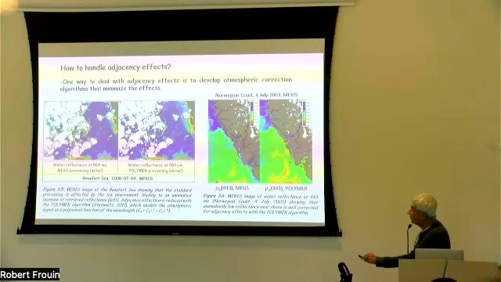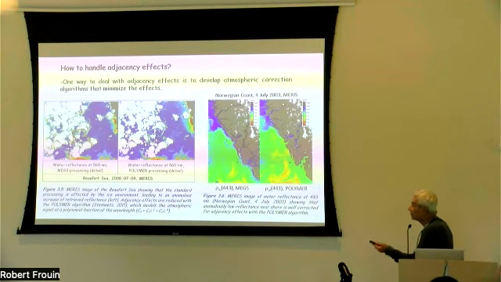And this is an example. If you remember, this was the example I showed you before with the standard algorithm. And this is what you obtain with the polynomial algorithm. So you can see that all around the ice, the reflectance is much lower, right? Along the coast, you are able to correct reasonably well for the adjacency effect.